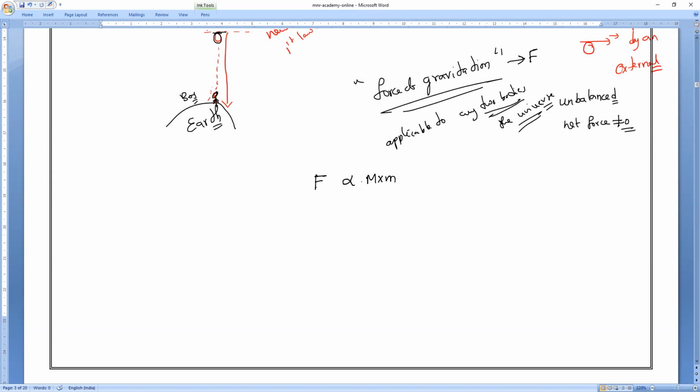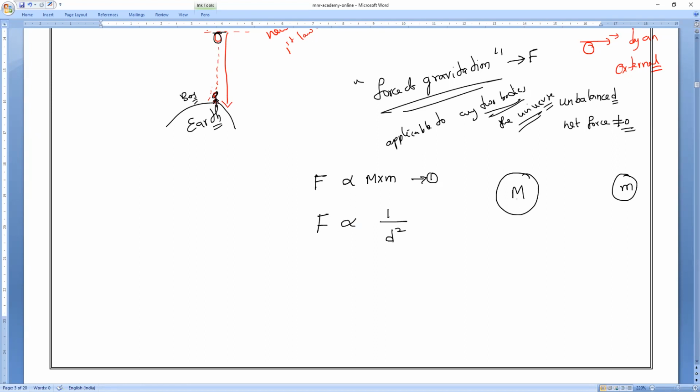Let one mass be capital M and another mass be small m. It is directly proportional to the product of their masses and inversely proportional to the square of the distance between them.